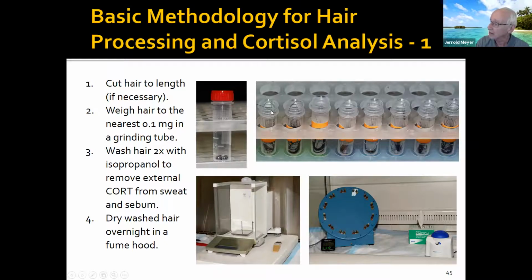So then we wash the hair. You can actually see some human hair samples in these tubes. We wash the hair twice with isopropanol. So this is a mild solvent.